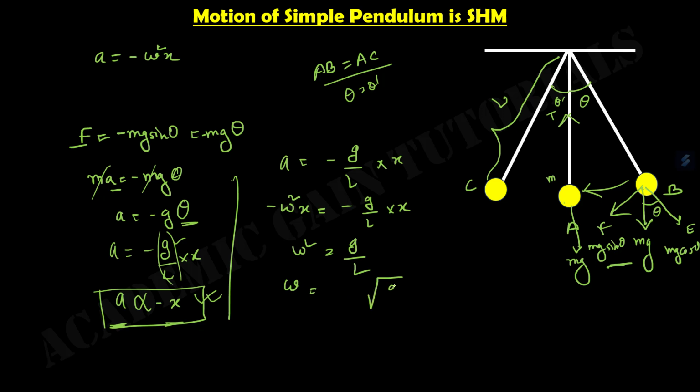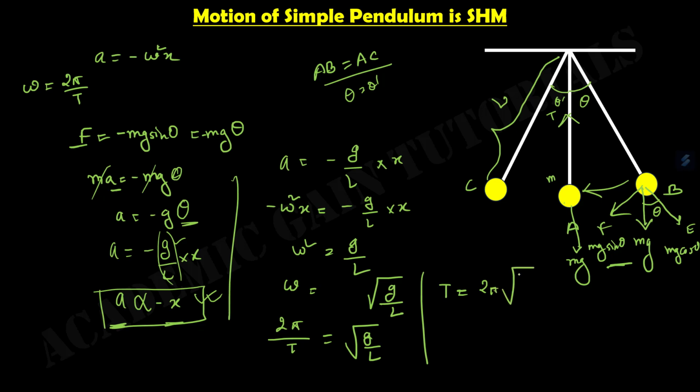Omega equals root over g by L. Now there is a relation between omega and our time period T, which is omega equals 2 pi by T. If I write 2 pi by T instead of omega, then I will get root over g by L. If I solve this equation, then our time period T will be 2 pi root over L by g.